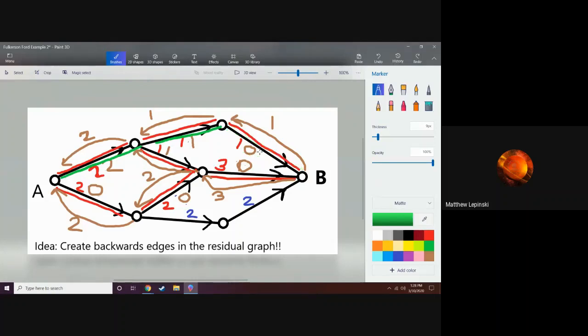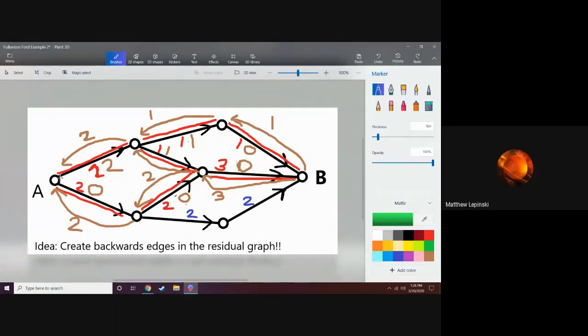So what I'm looking for is a path from A to B that only follows arrows that have brown capacity left over. And again, everything is an arrow. The original edges all had an arrow on them, so they're like forward. And then I drew in these imaginary backward arrows in order to represent backtracking.